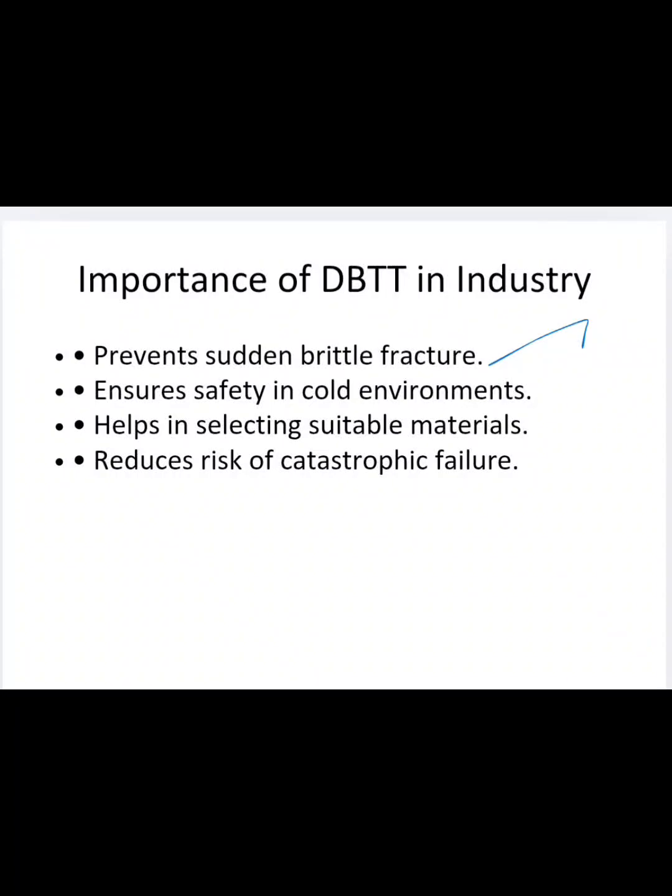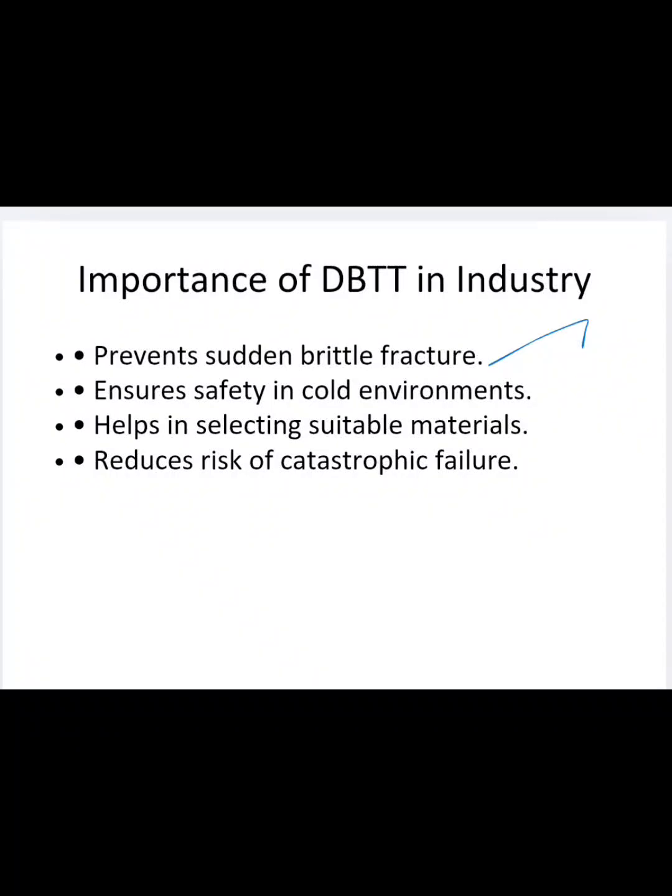I would like to briefly mention a historical example related to brittle fracture. This event we all know: the RMS Titanic failure. The Titanic struck an iceberg in the North Atlantic Ocean when the water temperature was close to 0 degrees Celsius.